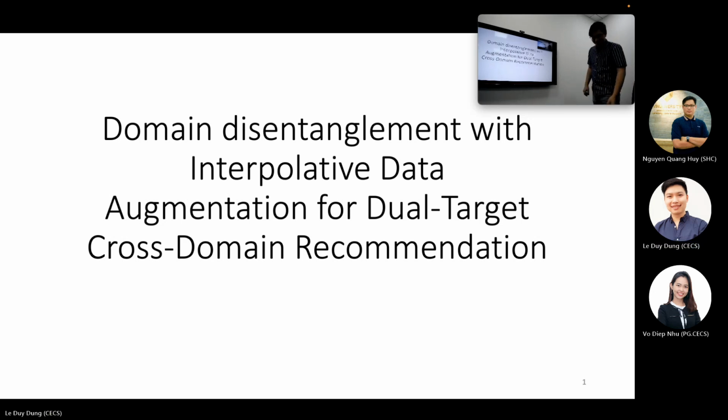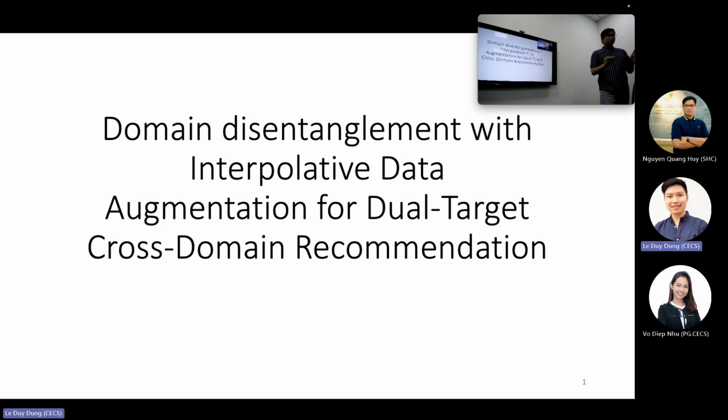Okay, so let's go. Let me present my first recommendation cross-domain paper. We have multi-modal, multi-domains.